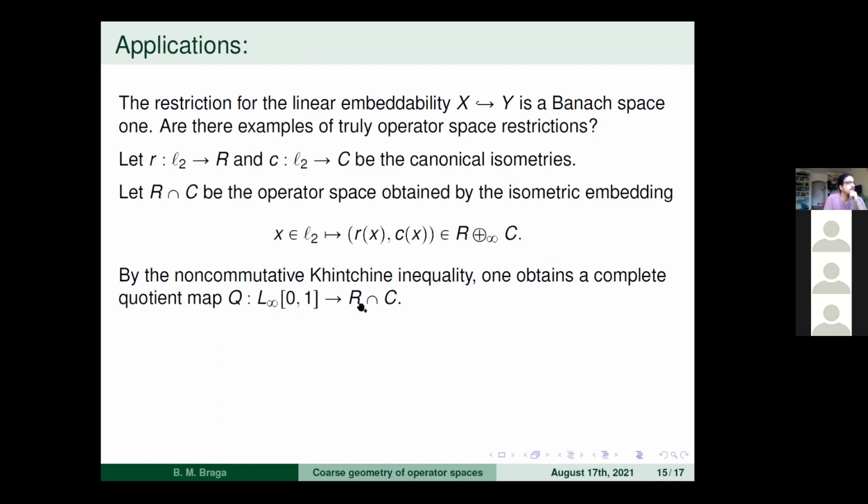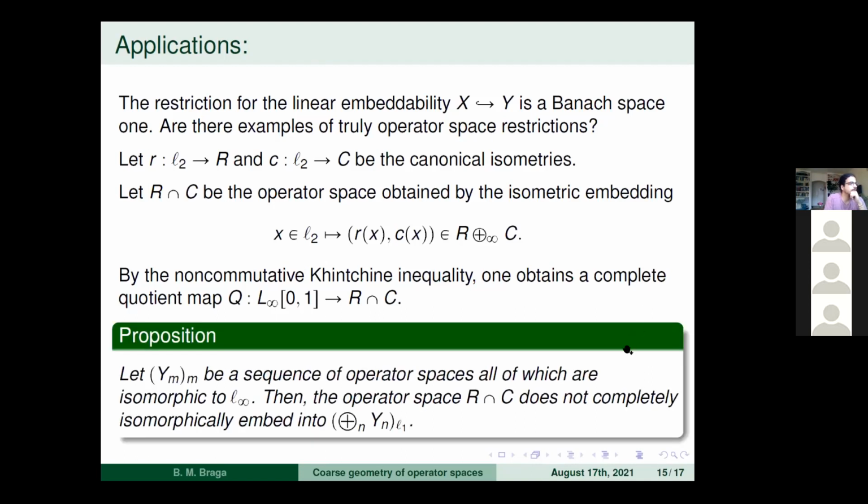Okay, with this subspace, it's known in the literature that you do have a complete quotient map from L infinity to R intersect C. And we can prove, and I should have written here, this is a result that was obtained in a conversation with Timur Oikberg, so I apologize for that.